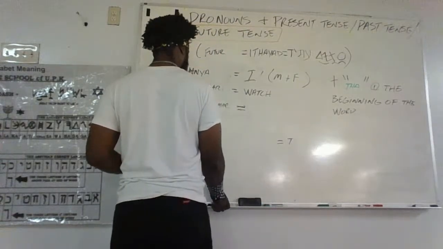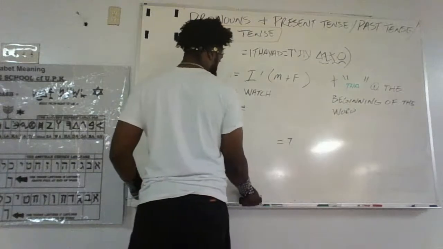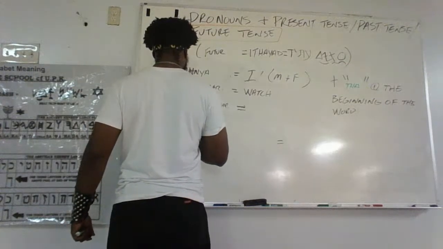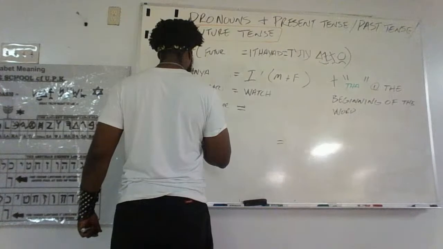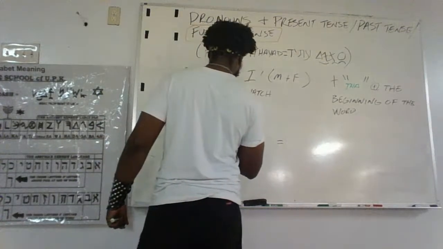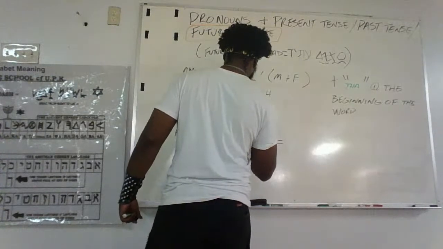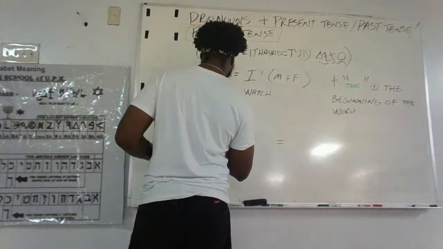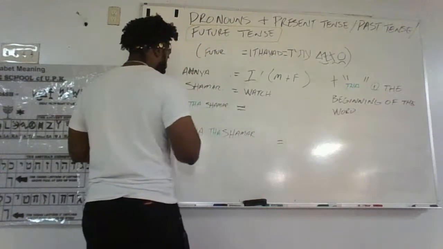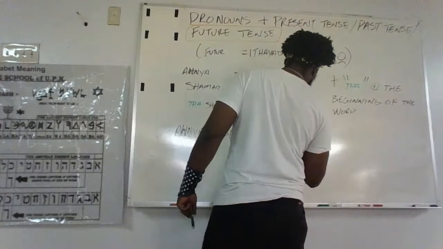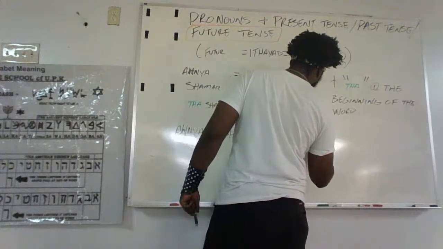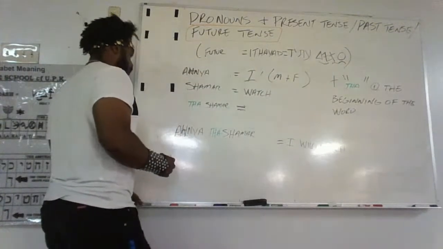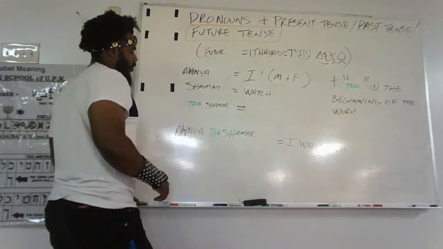So the sentence will go: anya shamar, which means I will watch, which is future tense.